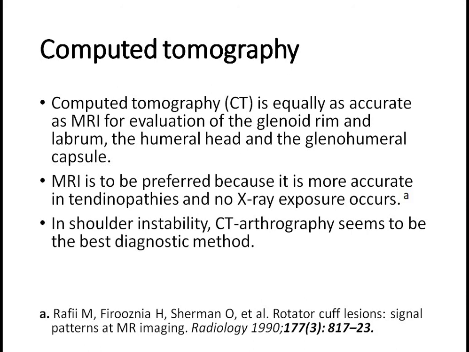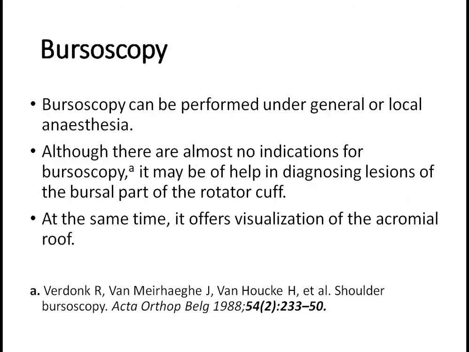So that's why the CT scan, despite being as accurate as the MRI, is less commonly used for the rotator cuff or other structures. MRI is preferred because it is more accurate in tendinopathies and no X-ray exposure occurs, as we discussed. For shoulder instability, CT arthrography seems to be the best diagnostic method.